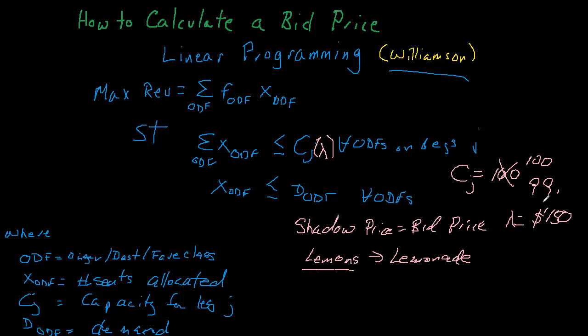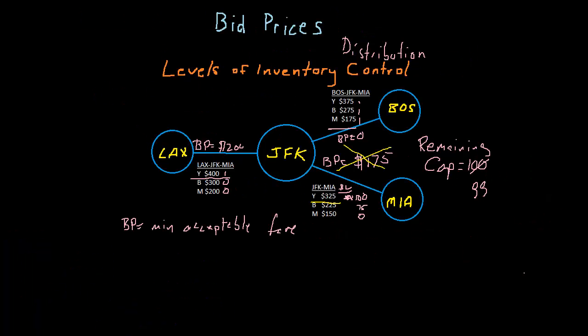If the customer is willing to pay less than $150, we would turn that customer away because the bid price tells us that the seat is worth $150. In other words, our demand forecast has valued that seat at $150. So now we have a hurdle rate that we can use to make a decision. So that becomes our decision variable.